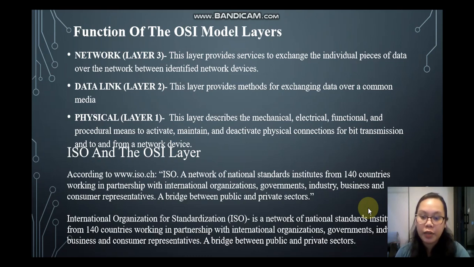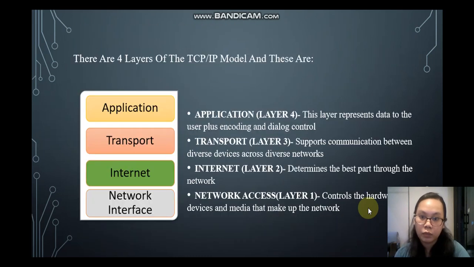International Organization for Standardization is a network of national standards institutes from 140 countries working in partnership with international organizations.